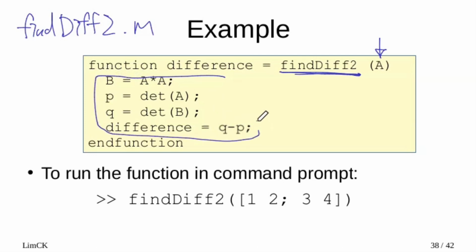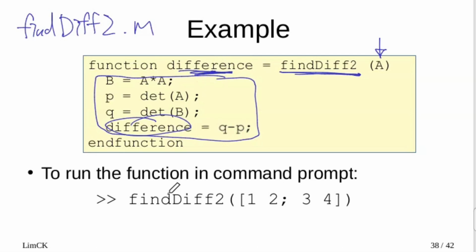What you do is find the matrix multiplication of A, you call it B. You find the determinant of A and the determinant of B, which are P and Q respectively, and you find the difference between Q and P. The difference, Q minus P, is the output of this function. It will be the output of this function.